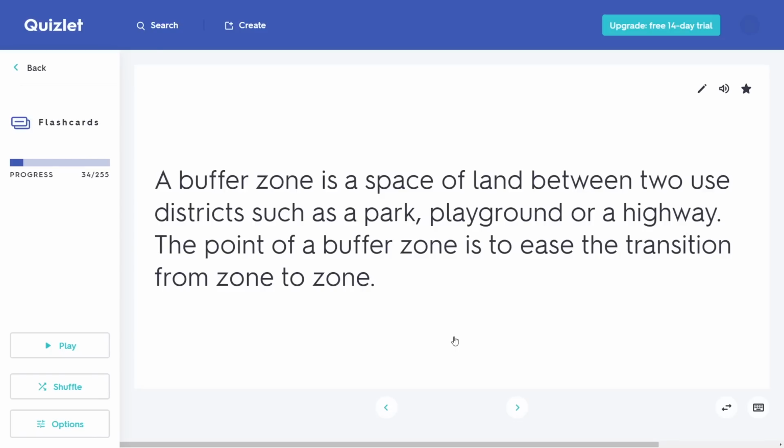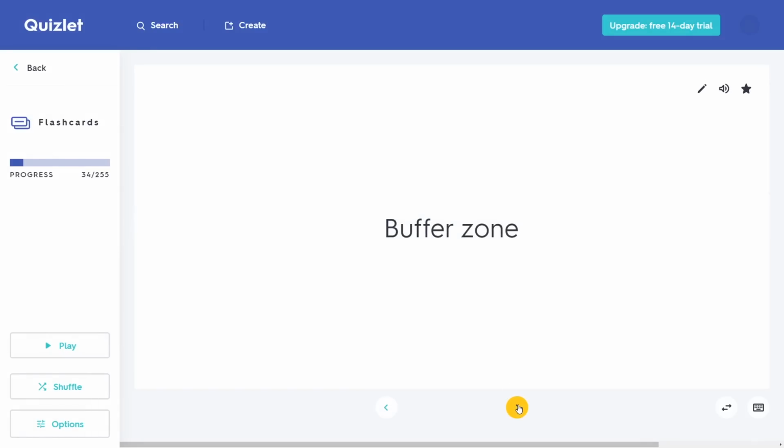And that would ease the transition because, again, zoning is pretty strict, residential, commercial, things like that. But the city planner wants to make things as natural looking as possible because it does look weird if there's just like 10 residential houses and then 10 commercial properties right next to each other. So they come up with these things called buffer zones, like playgrounds, parks, and it could be as simple a thing as a highway too. So just keep that in mind. But yeah, that's what a buffer zone is. There's your little deep dive on that.